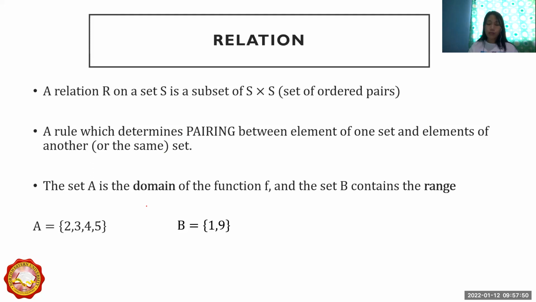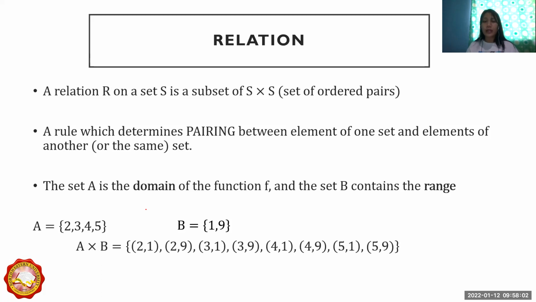So let's look at this example na ginawa natin kanina. Your A here has elements 2, 3, 4, and 5. Your B has elements 1 and 9. Now, if you're going to get their Cartesian product A times B, this is the complete Cartesian product. Now, you can form a relation with this.